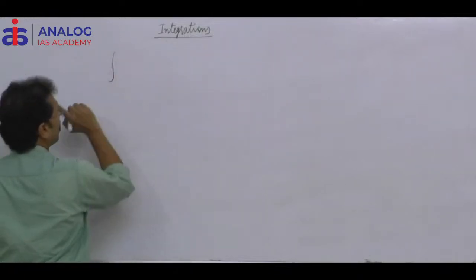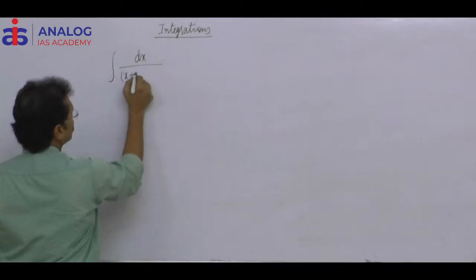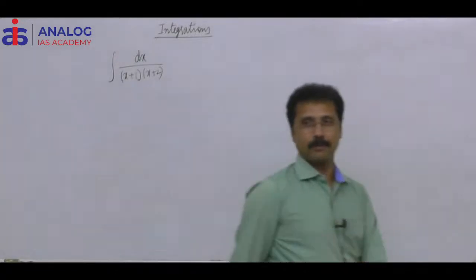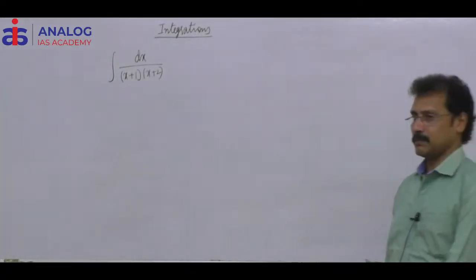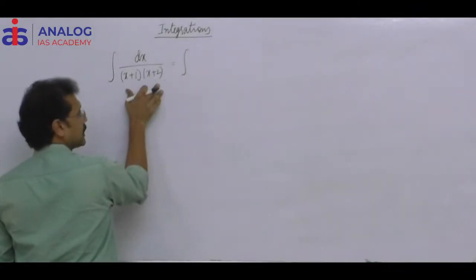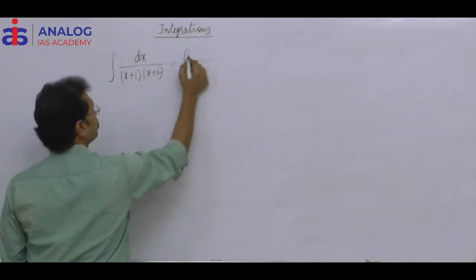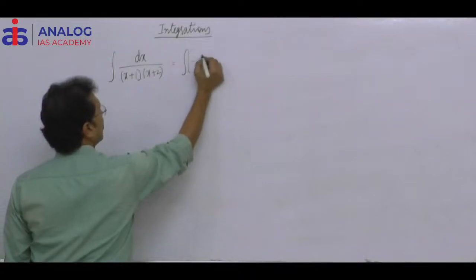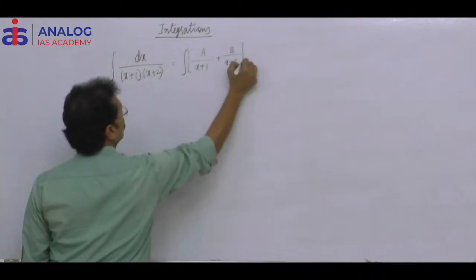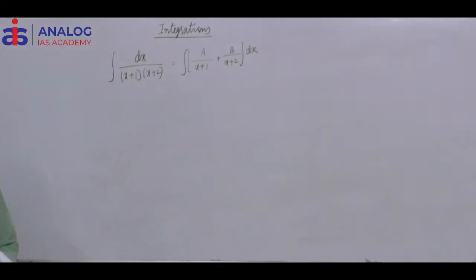Integral of, maybe you have something like 1 by x plus 1 into x plus 2, suppose. A simple one. Now whatever 1 by x plus 1 into x plus 2, you convert into partial fractions: a by x plus 1 plus b by x plus 2, dx. What is that a and what is that b? How do you find?